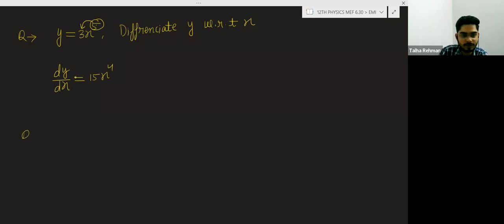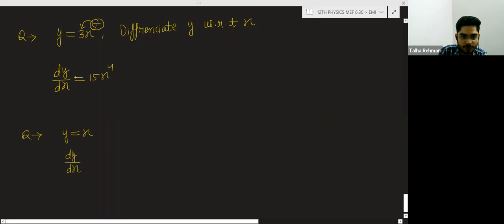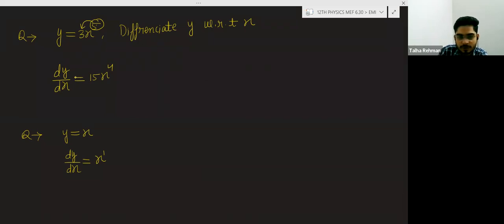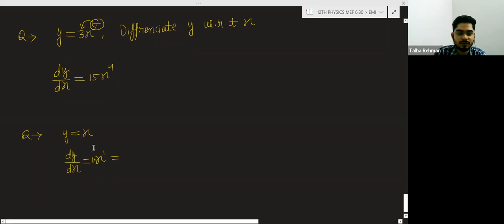Suppose here it is written y is equal to x, and I am saying differentiate y with respect to x. What will you do? Here x means x to the power 1. So you will multiply. You can write this as 1 into x to the power 1.